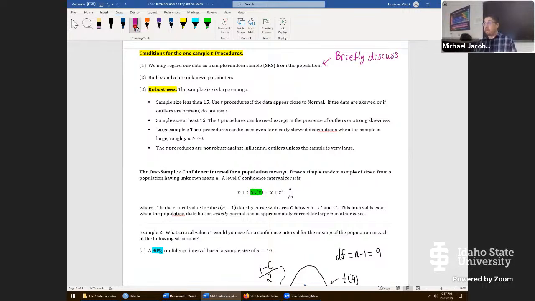In other words, you really don't have to say too much. You could just say the sample was random, the sample was a simple random sample, or no information was given about the randomness of the data. If that was the case, we'll just re-say at the conclusion that our conclusion could be challenged because we're not certain if the data was even random. For the next one, both mu and sigma being unknown parameters, this is not something you have to mention each and every time.